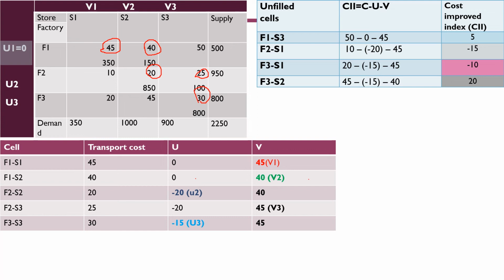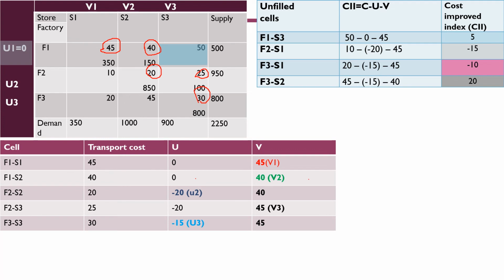Here, the first unoccupied cell is F1 S3 cell. The transportation cost is 50. When we deduct the row value and column value from that, the cost improvement index is 5, which means we cannot reduce this cost, because when we allocate to that particular cell, the cost will be increased by 5 per unit.